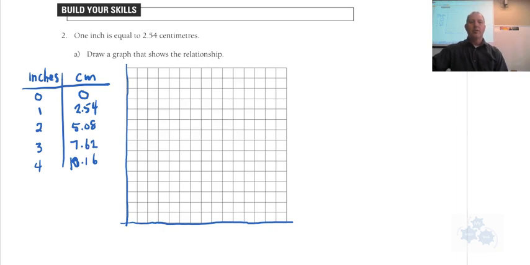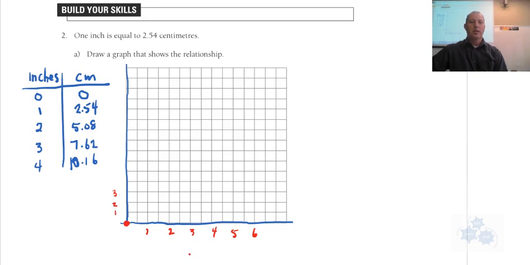So 0, 0. Awesome. 1. Now, again, we're only going to go to 4 here, so I could probably take 2 squares for all this, right? And you can even keep going if you want. And centimeters, we need to go up to at least 10, so maybe more. So why don't we just do 1 square is 1 inch.